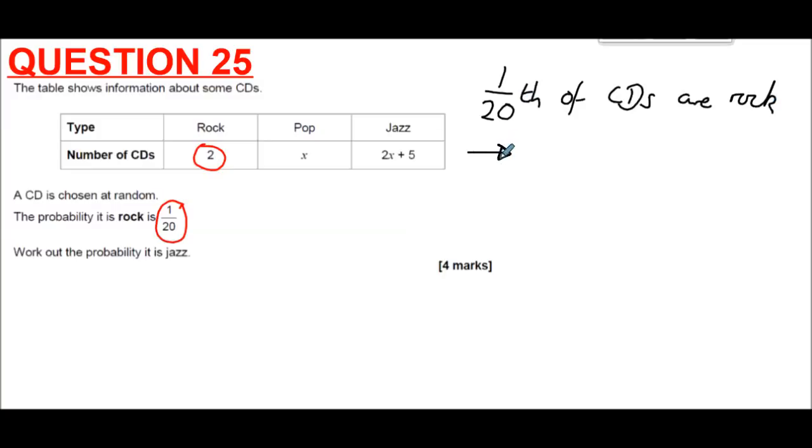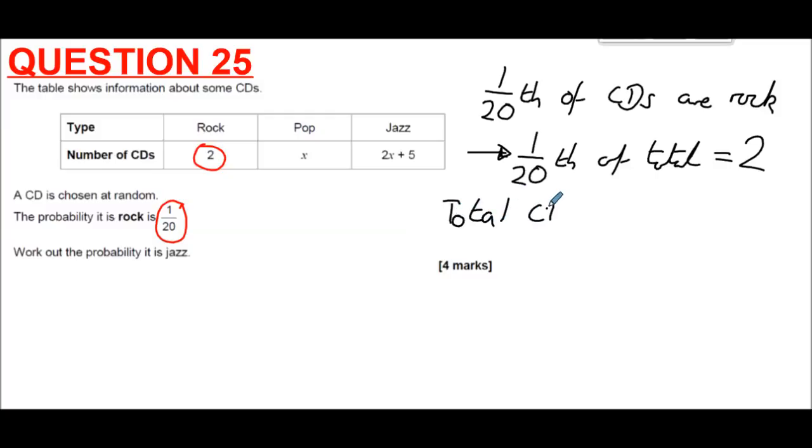So we're told that there are 2 rock CDs, so 1/20th of the CDs, 1/20th of the total, equals 2 CDs. So I don't want 1/20th, I want the whole total. So the total CDs, we need to think how many 20ths would make a whole.